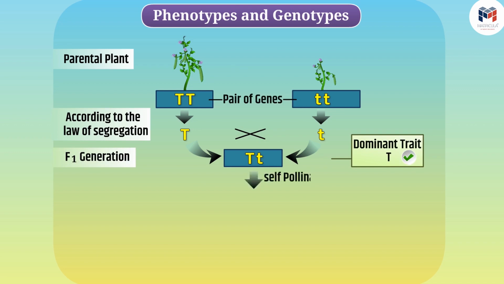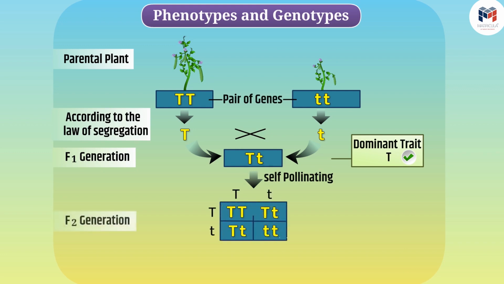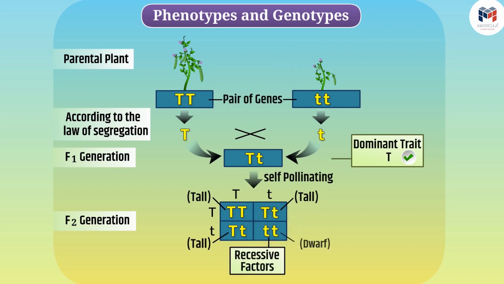After self-pollinating the F1 generation plants, F2 generation plants will have various combinations like this. Since tallness is a dominant character, therefore these plants will grow tall. And plants that have both recessive factors will be dwarf.